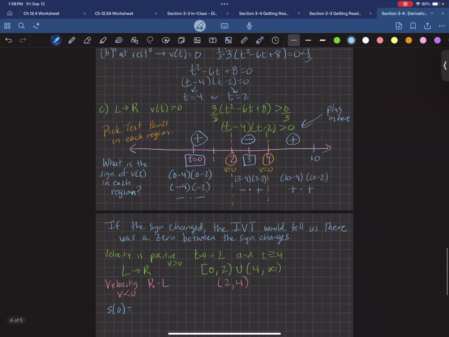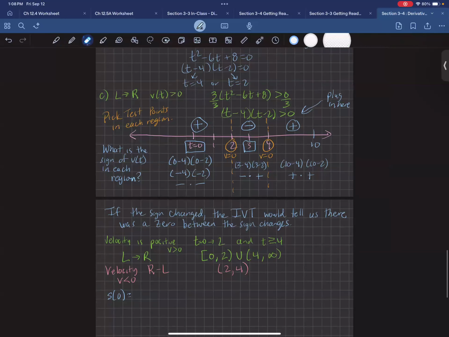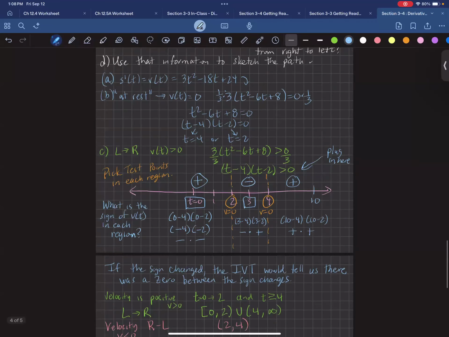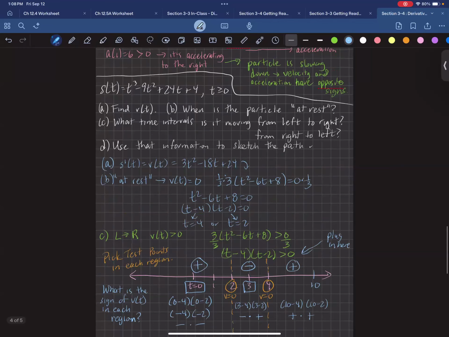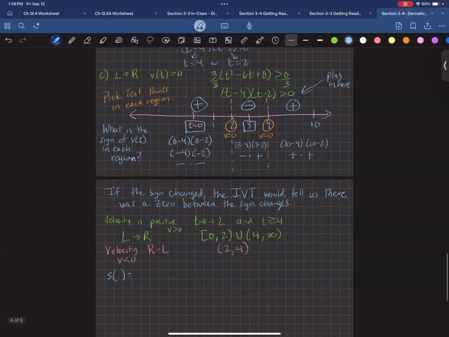And I'm going to rewrite my S real quick just so I have it. I don't want to have to scroll up a lot. We had t cubed minus 9t squared plus 24t plus 4.